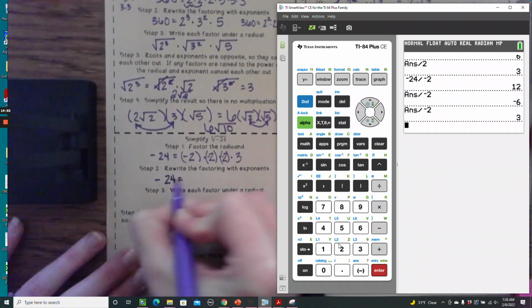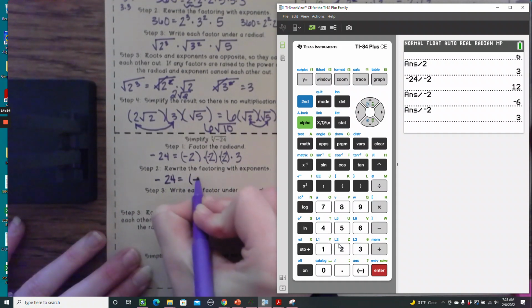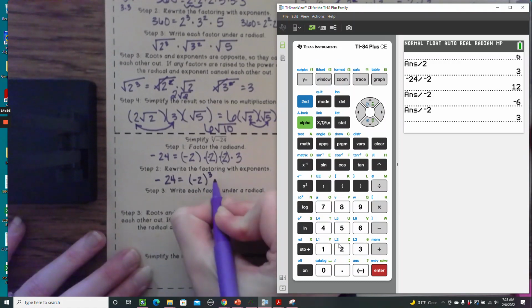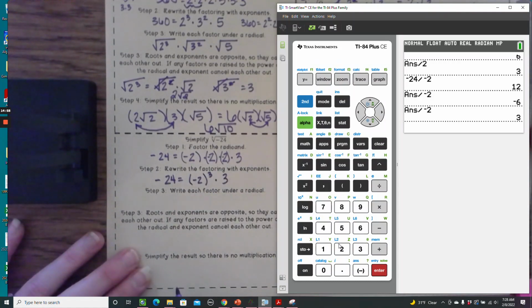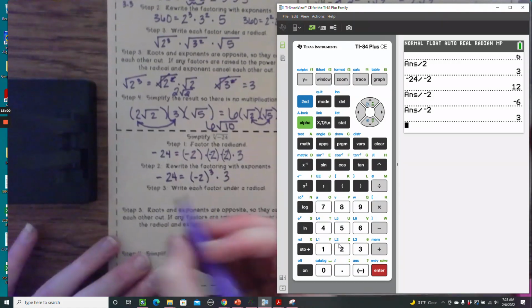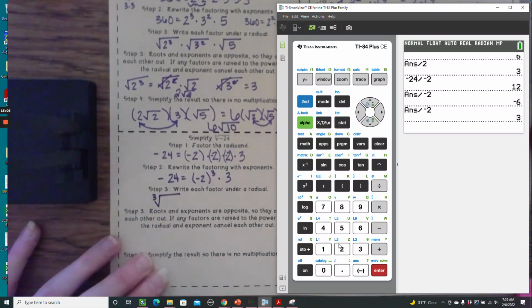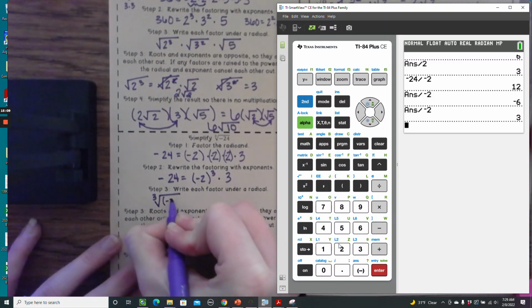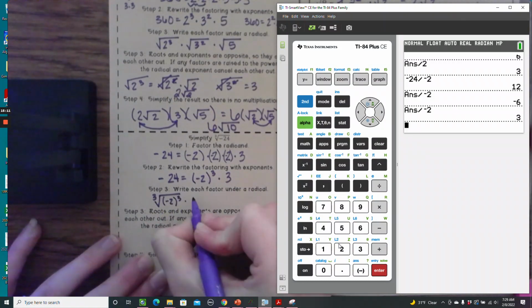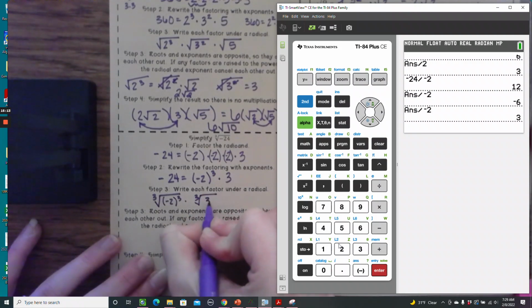I'm going to rewrite this. Negative 24 equals negative 2 to the third times 3. And then we're going to write these under a radical, but it's a cube root radical, so you need that little 3. Negative 2 cubed times the cube root of 3.